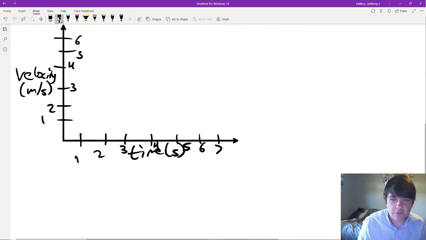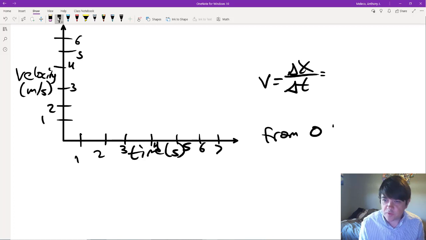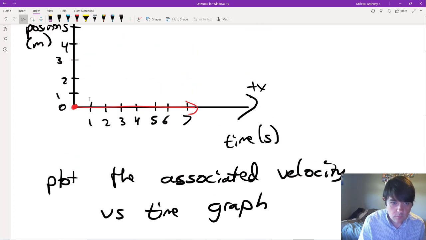So how are we going to do that? Well, if you remember, the definition of velocity is the change in position over change in time. So let's do it just from 0 to 1 second. The elapsed time is 1 minus 0, and the change in position is 0.